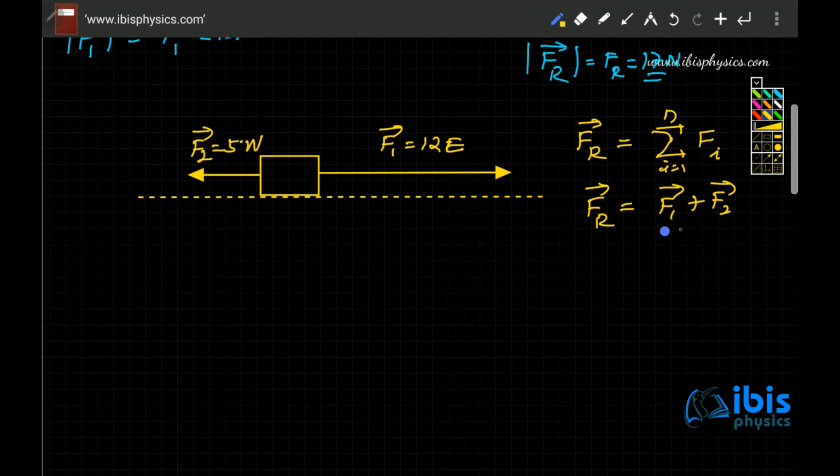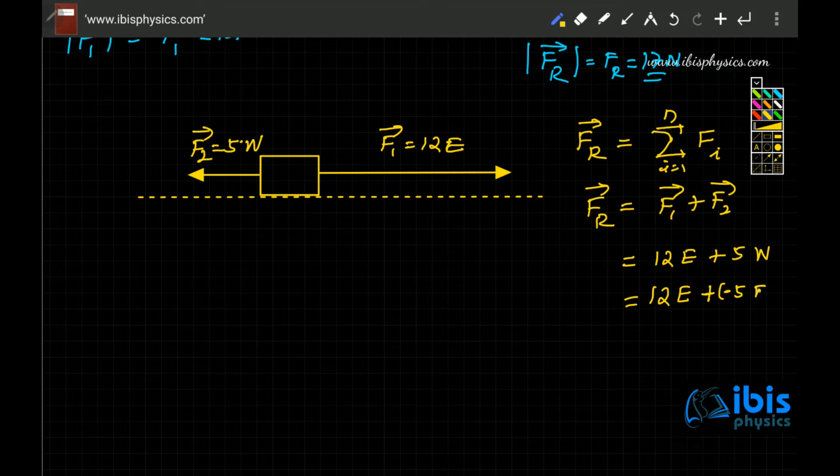When you add F1 vector and F2 vector, you know that it is 12 Newton east plus 5 Newton west. But west is nothing but negative of east. So it is 12 Newton east plus minus 5 Newton east, because west is negative of east.